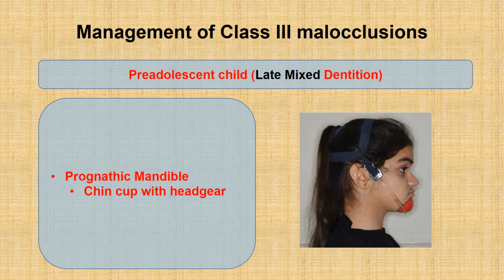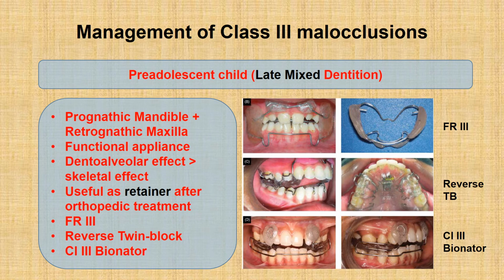Okay, now we are still in the late mixed dentition. If the child has a prognathic mandible, then a chin cup can be used together with a headgear to restrain the mandibular growth. Now, if the patient has both a prognathic mandible and a retrognathic maxilla, a functional appliance can be used.